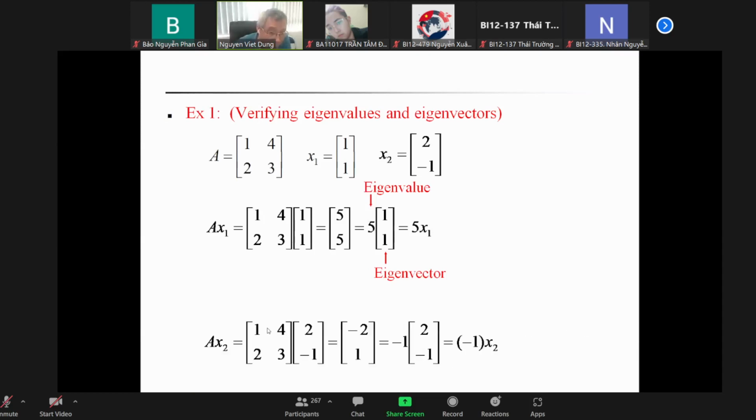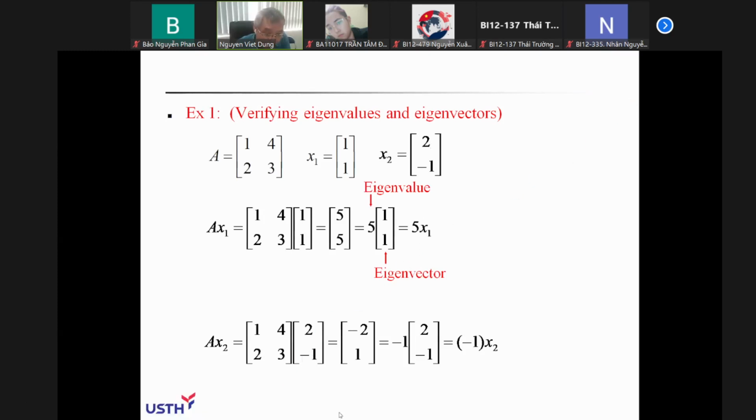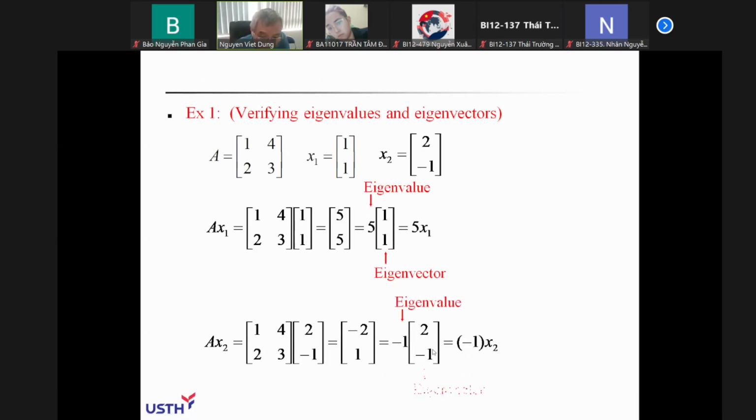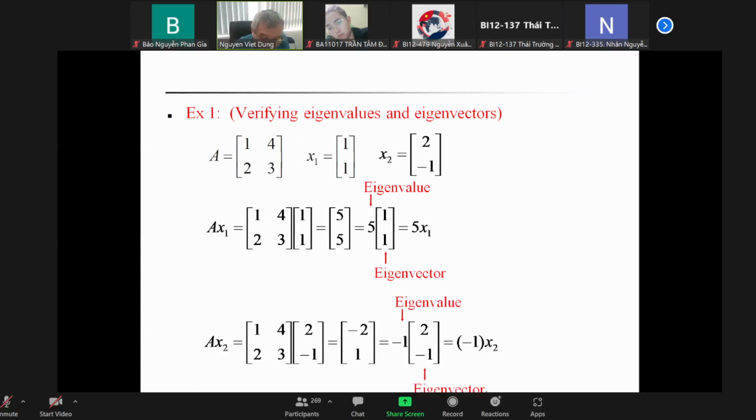Now if we take A multiplied by x2, the second column matrix, you get this. And that is exactly -1 multiplied by that column, which is -1 multiplied by x2. So -1 is an eigenvalue and that column is an eigenvector.